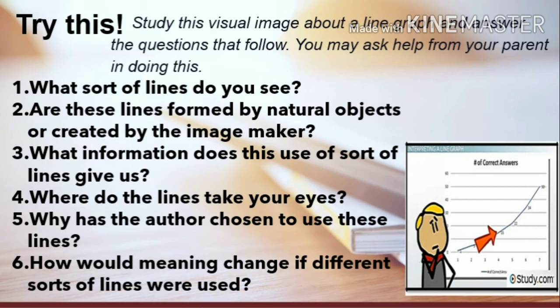Are these lines formed by natural objects or created by an image maker? What information does this use of sorts of lines give us? Where do the lines take your eyes? Why has the author chosen to use these lines? How would meaning change if different sorts of lines were used?